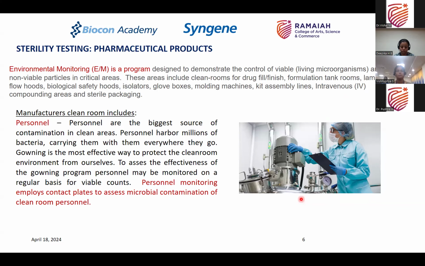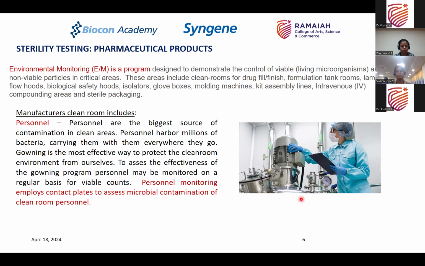That is the reason personal monitoring employs contact plates to assess the microbial monitoring of the clean room. We have to check whether the gloves, gowns, mask or whatever the person is wearing are sterile or not. In order to see that, microbial examination has to be done.